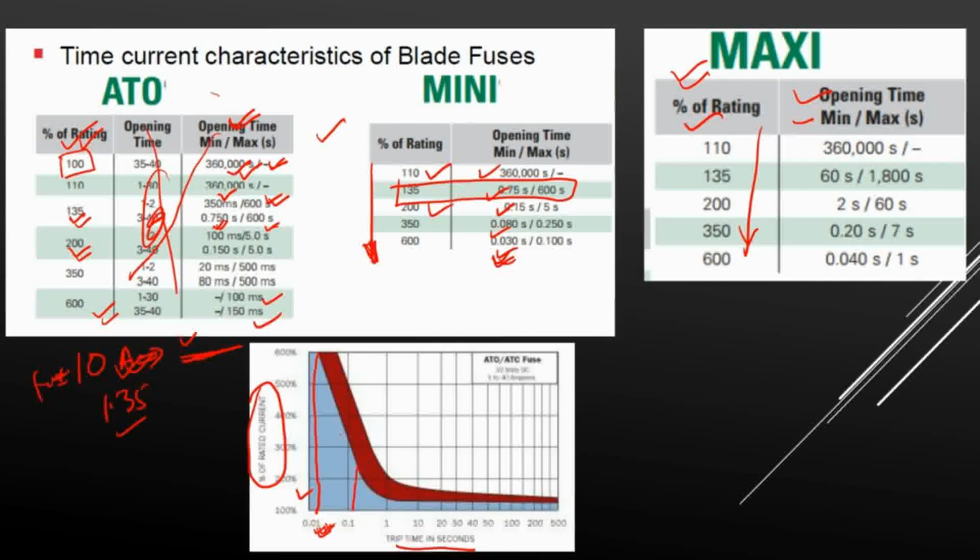If it is 200%, 400%, okay, it is one. Then if it is less, like 150 and 100, it will take more time, okay. This is the graph of trip time in seconds versus percentage of rated current, okay.